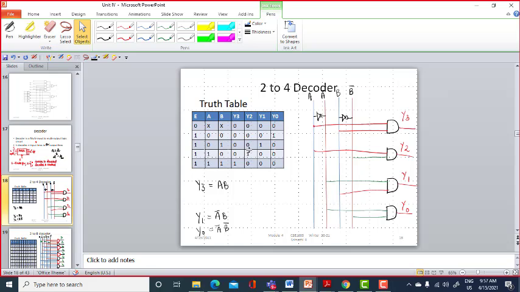Similarly 0 1, Y1 is 1; 1 0, Y2 is 1; 1 1, Y3 is 1.